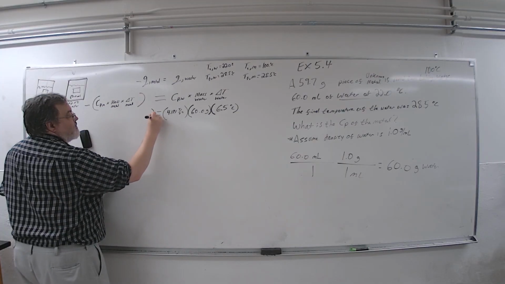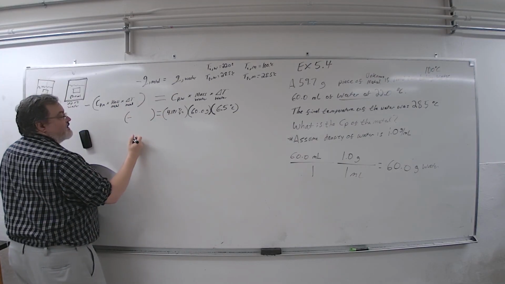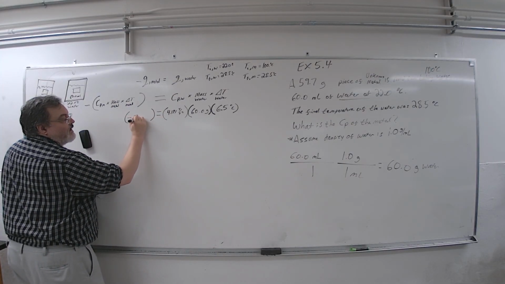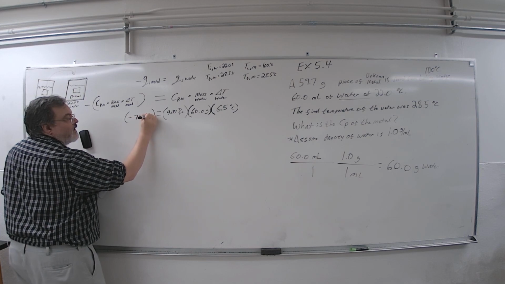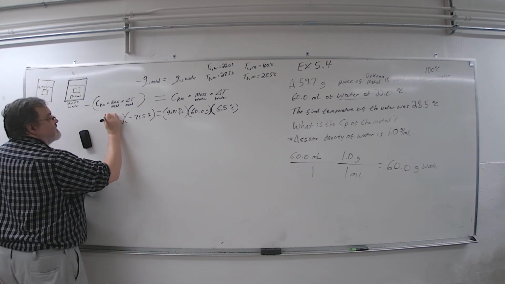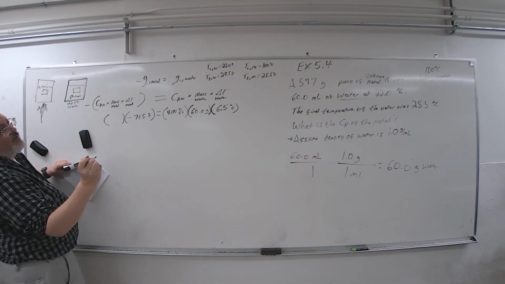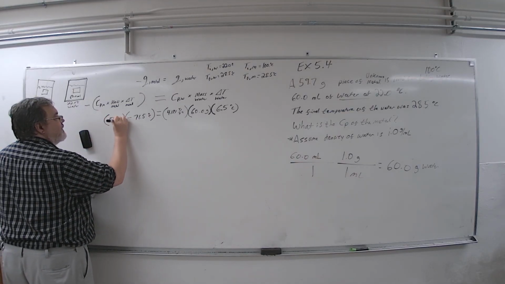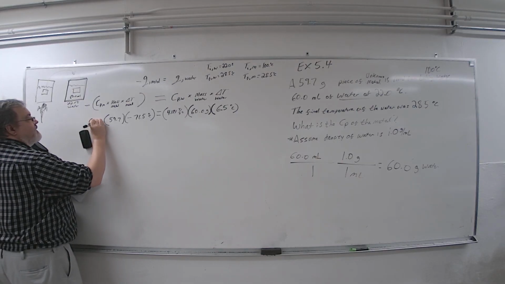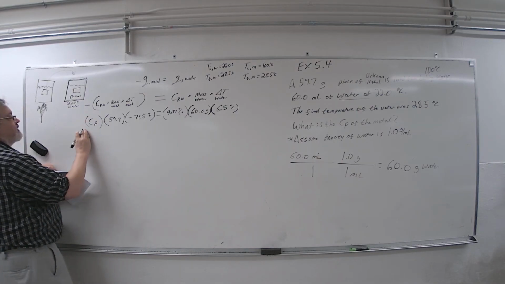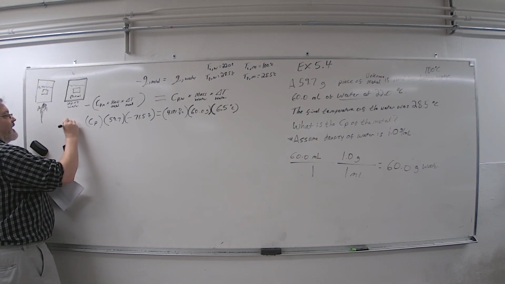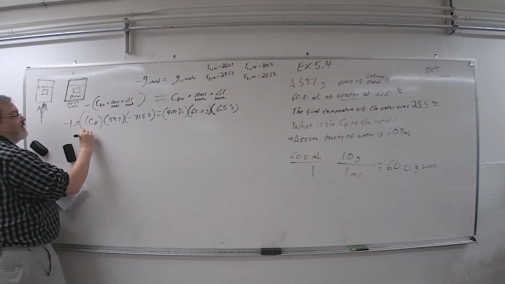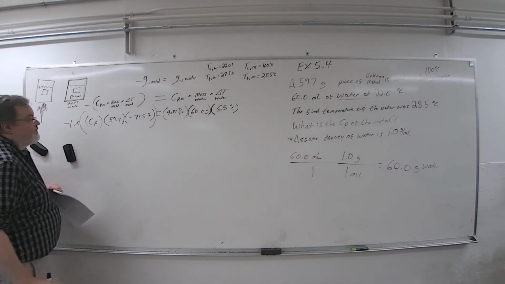So the delta T of the metal is negative. What is it? Negative 70.5. Mass of the metal, 59.7. And I'm just going to write CP, because that's what we're looking for. And let's not forget -1 times all of that.